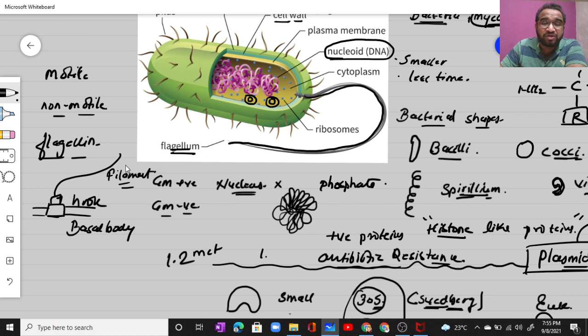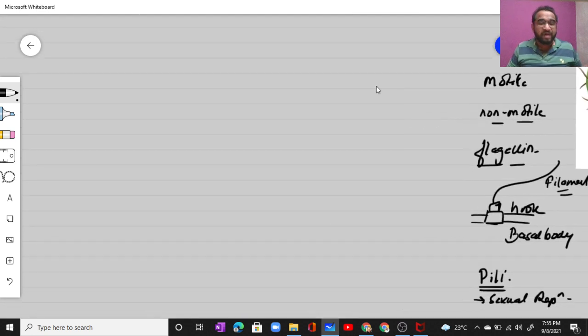Another structure that is present is called pili. It is found that pili help during sexual reproduction in the bacteria. Now what is sexual reproduction in bacteria? Let us understand. If the pili factor is present on any bacterial cell, these bacteria are called F plus.